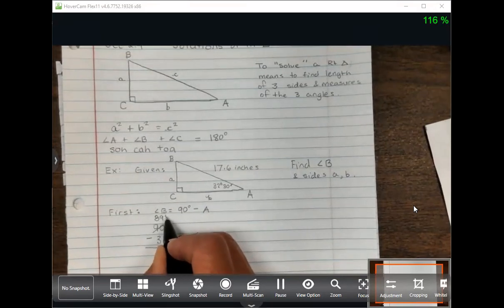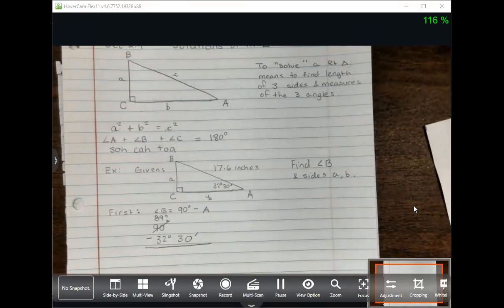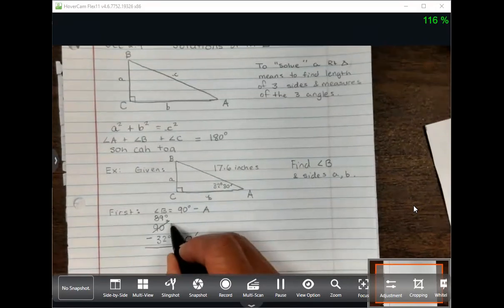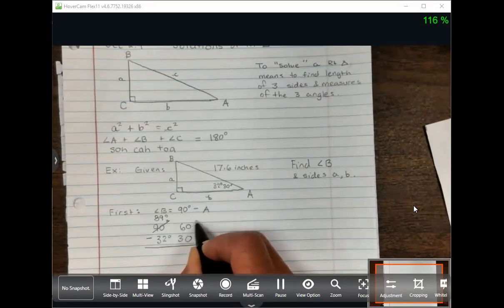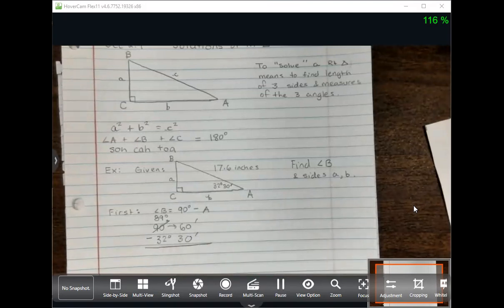Now there's 89 degrees here. 1 degree is how many minutes? 60. So I'm moving that over here as 60 minutes. Now I can subtract 60 minutes minus 30 minutes to give me 30 minutes. 89 degrees minus 32 degrees is 57 degrees. So there's angle B.